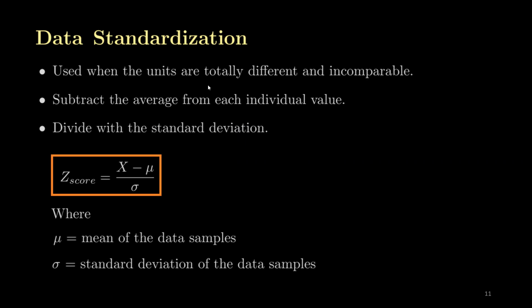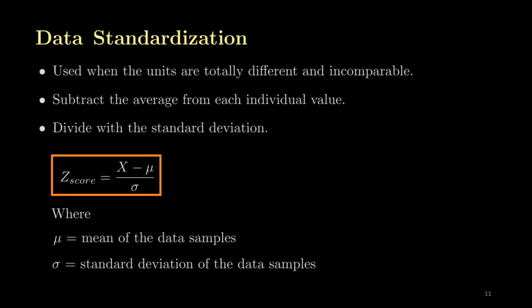So what is meant by totally different units? Suppose I have data with two columns. In the first column, I have the quantity which is time, so the unit is second. In the second column, I have the value of voltage. So I have measured voltage, and the unit is volt.